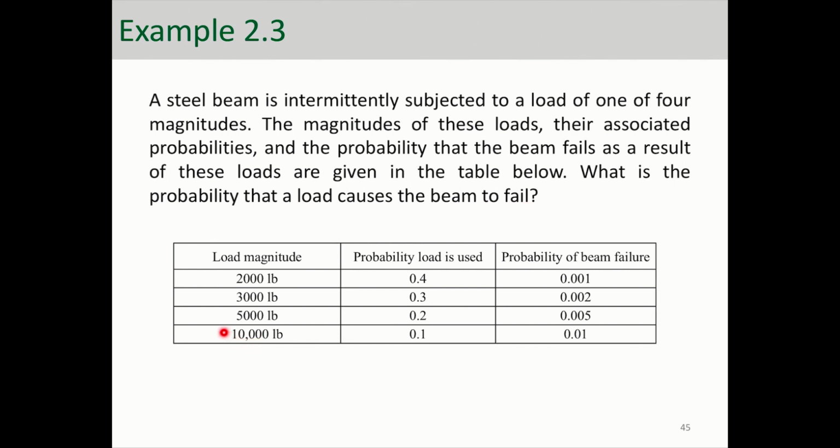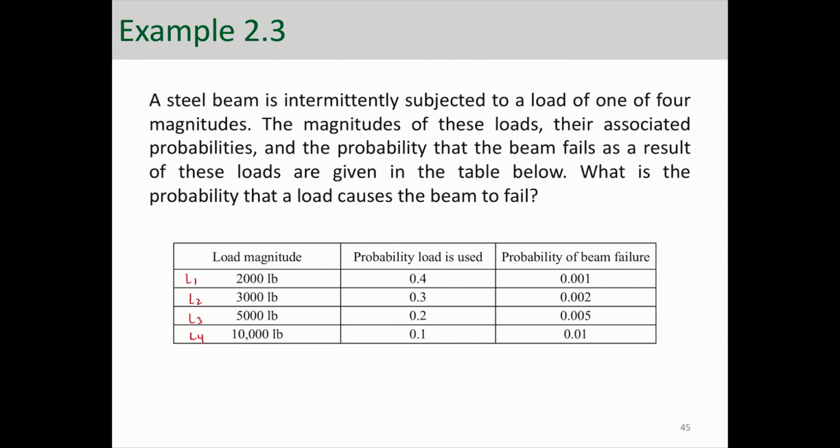So it looks like here we have 4 different load magnitudes, the probability of that load being used, and the probability of beam failure if that load is used. So let's call this load 1, load 2, load 3, and load 4.